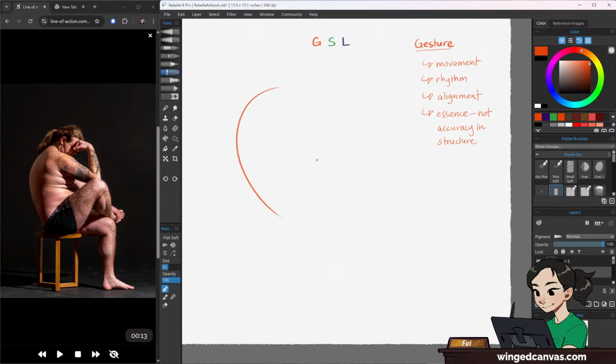But for the most part, you don't really need to worry too much about the proportions at this stage. By proportions, I just mean don't worry so much about the nitty-gritty stuff, or the structure and all that. Just think about the overall gesture.